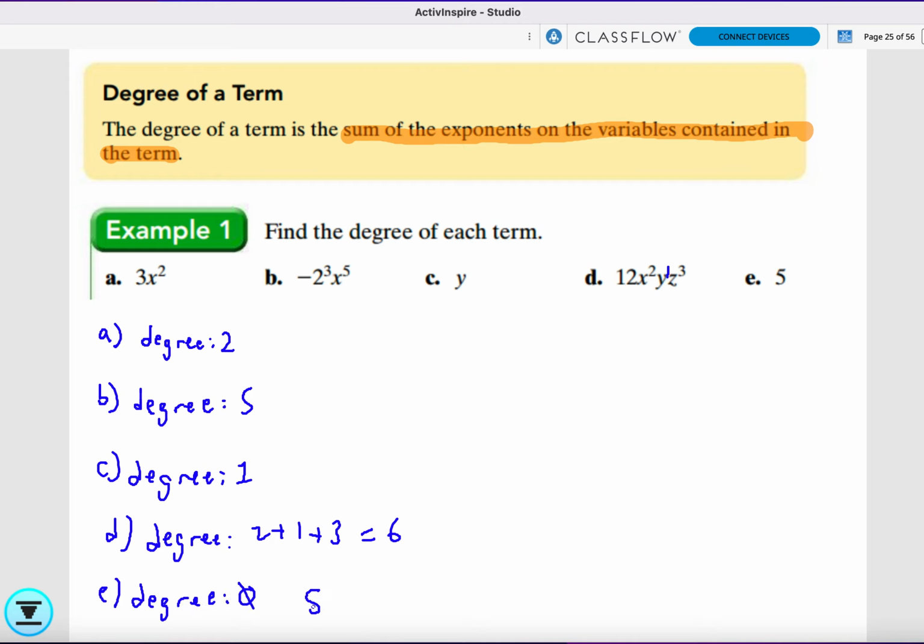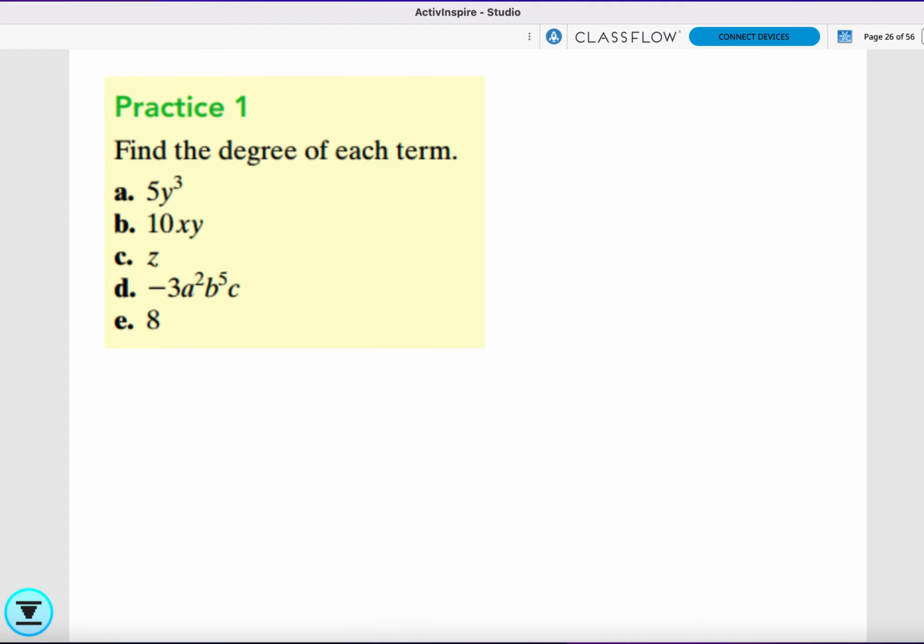Because it's 5x to the 0, because it's just 5 times 1, which is 5. So the degree is 0. Keep that in mind, guys, as you work through this lesson. The degree is just the sum of the exponents on the variables. Variables are the letters that we see in algebra terms.